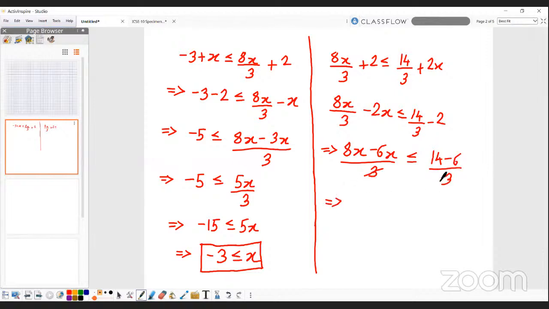So this 3 gets cancelled. You will get 2x less than equal to 8, which can be written as x less than equal to 4. Okay. So this inequality is saying x should be greater than equal to minus 3, and this one is saying x should be less than equal to 4.